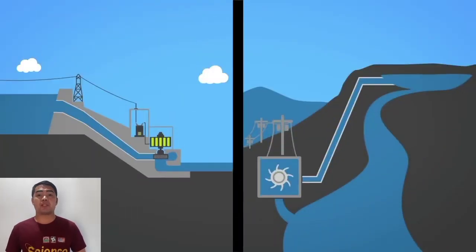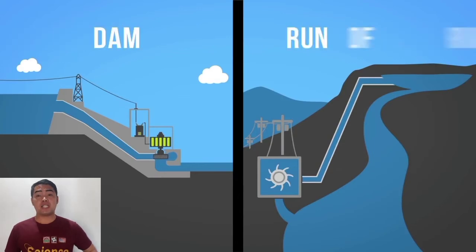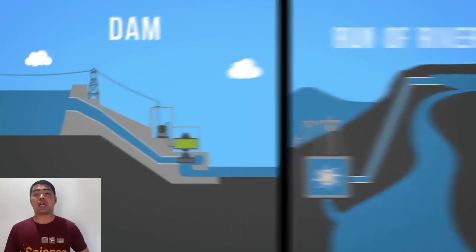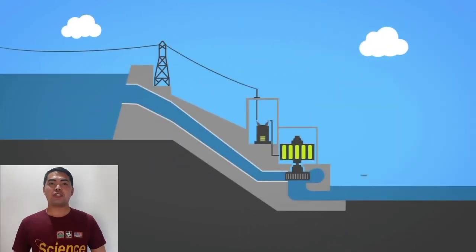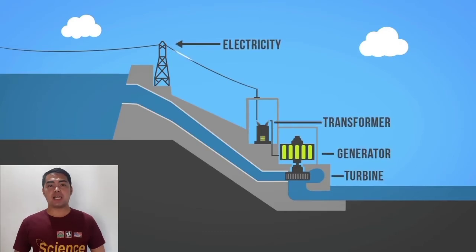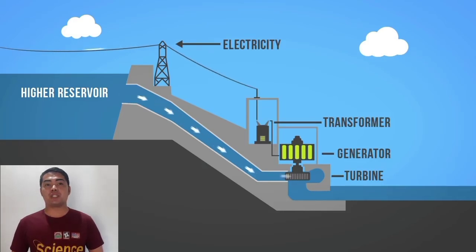There are two main types of hydroelectricity production. Number one is dam. Number two is runoff river. Hydro dam utilizes the potential energy from dammed water to produce electricity. A dam is a large barrier constructed to raise the level of water and control its flow.